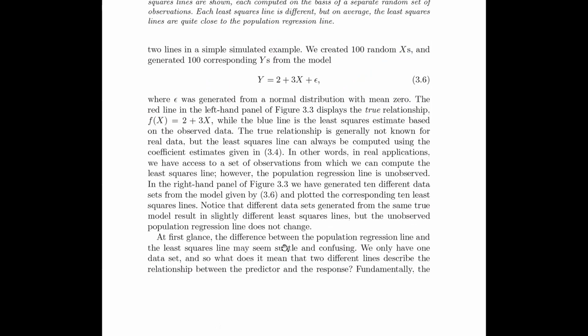At first glance, the difference between the population regression line and the least square line may seem subtle and confusing. We only have one data set, and so what does it mean that two different lines describe the relationship between the predictor and the response?